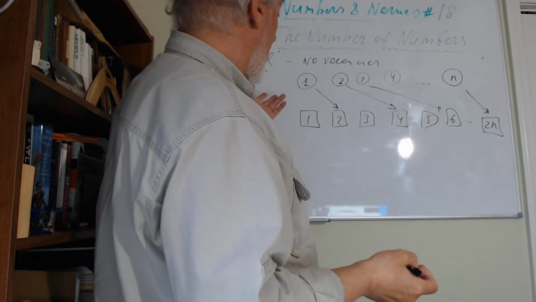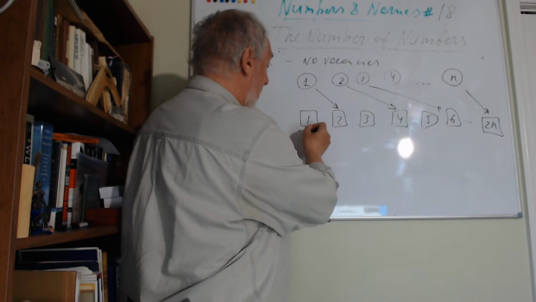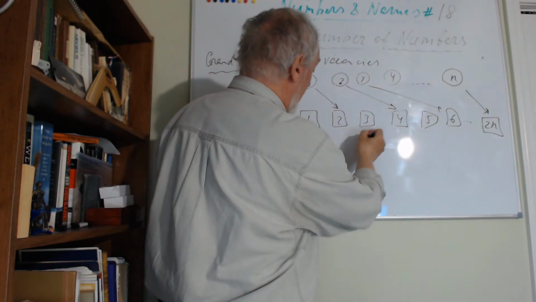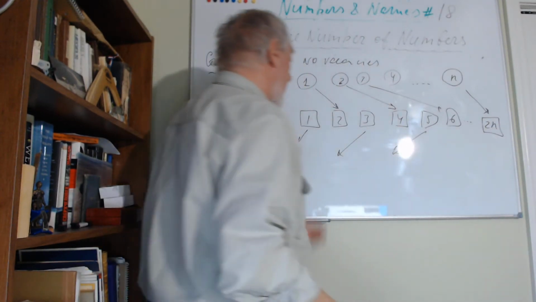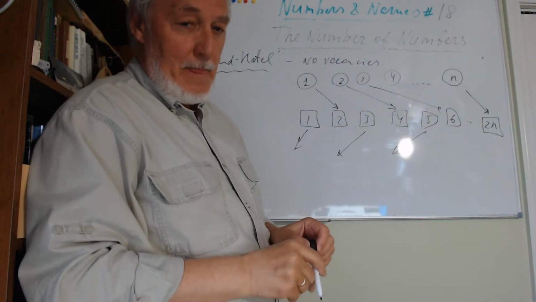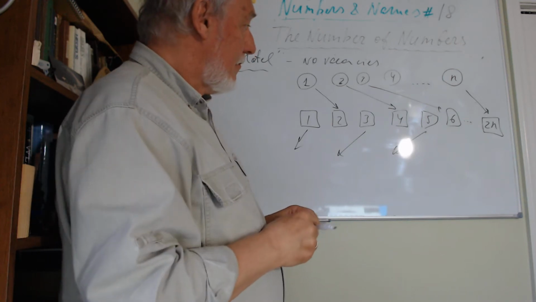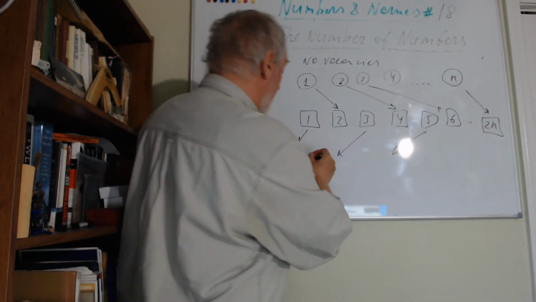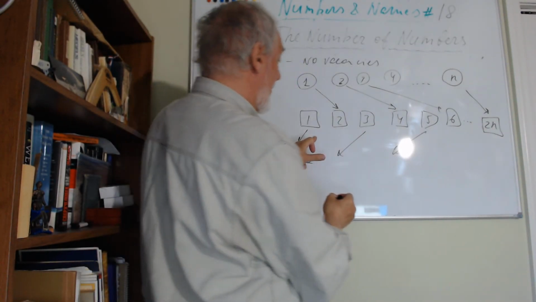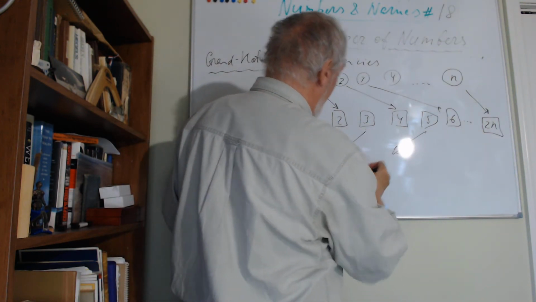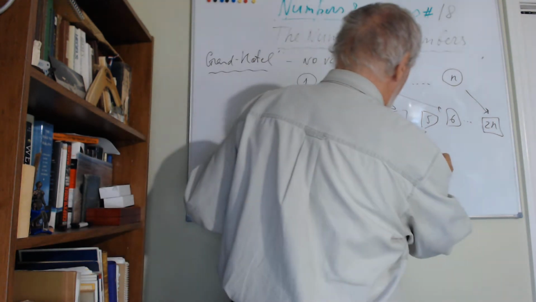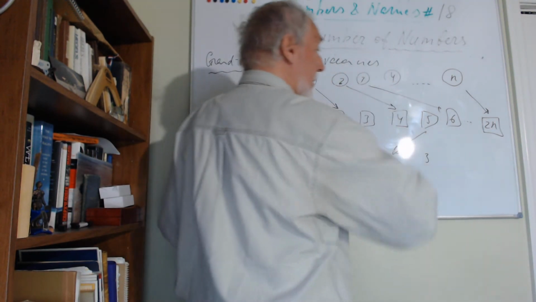And you see, after this interesting procedure, there are vacant rooms. This room is empty, this room is empty because all of them are gone, and many rooms. How many rooms are empty now? This is the first room empty, this is the second room empty, this is the third room empty.